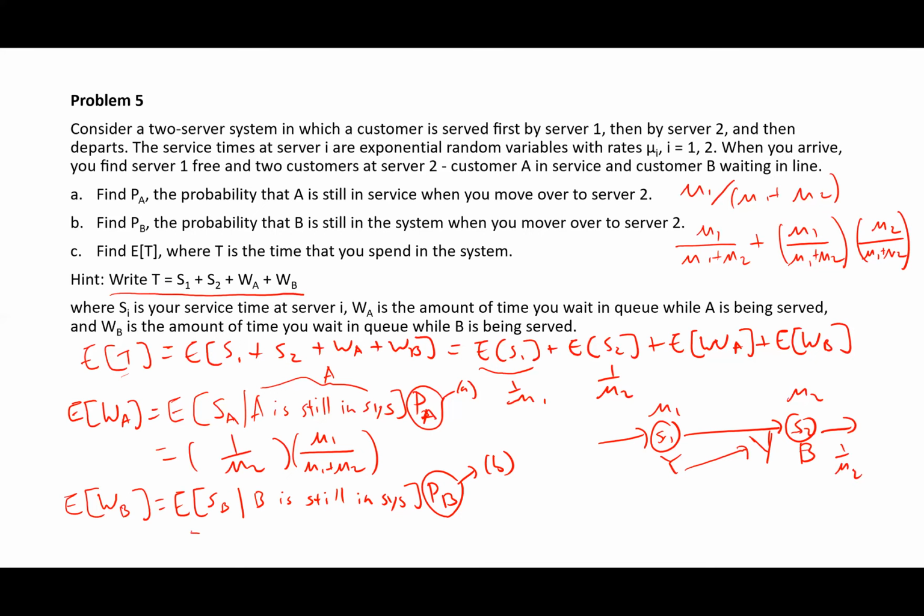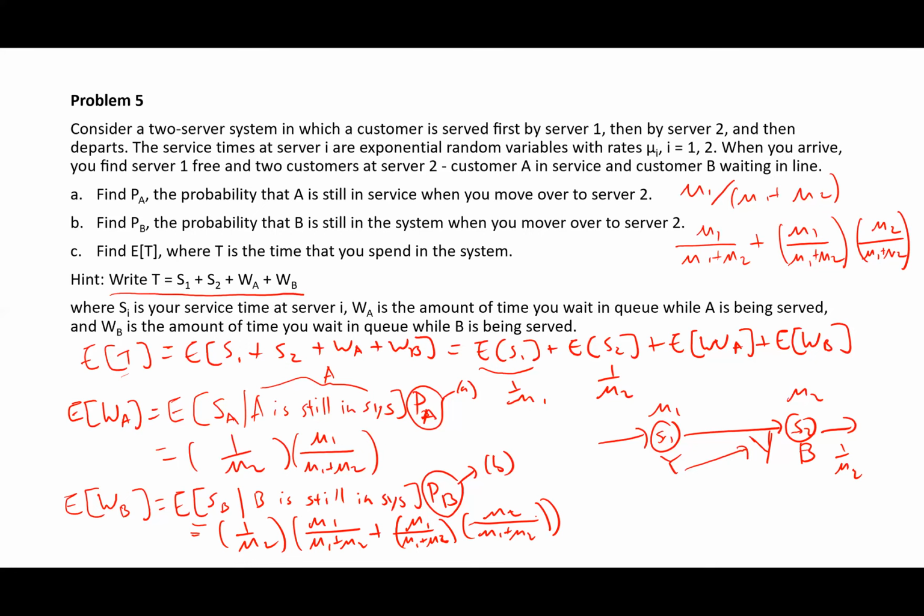So this again simply becomes 1 over mu2 times what we found in part 2, which is mu1 over mu1 plus mu2, plus mu1 over mu1 plus mu2 multiplied by mu2 over mu1 plus mu2, the whole quantity multiplied, right?